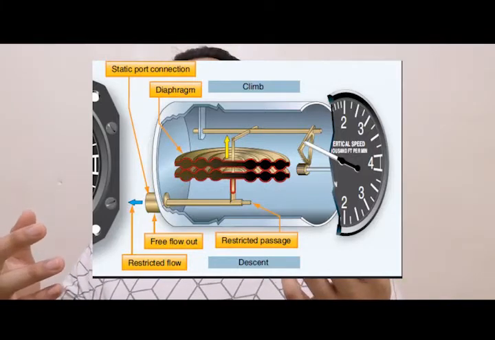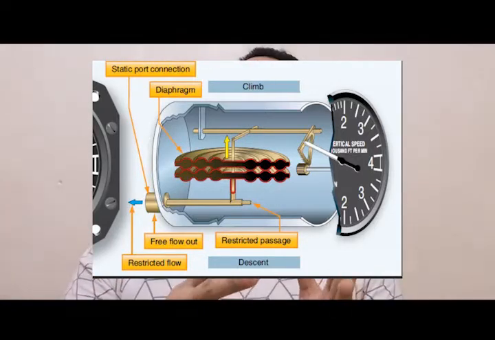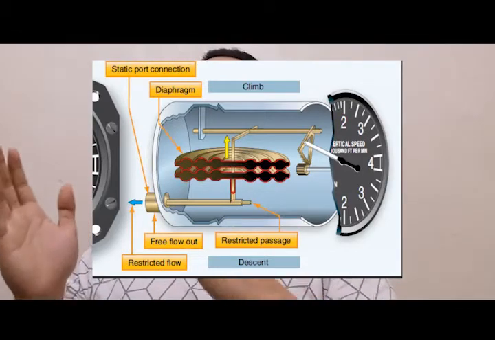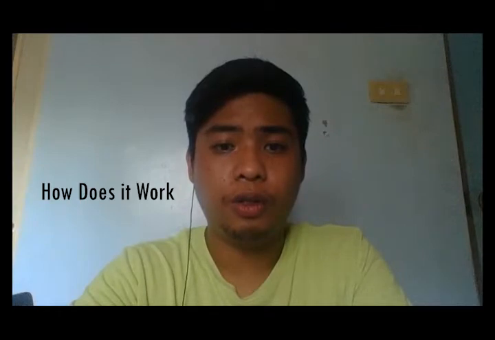So all in all, that is it: the static port, the tube going through to the altimeter, and inside the altimeter there is the aneroid connected to the gears and the pointer. Altimeters measure height above particular pressure levels. To do this, they compare the pressure of outside static air to the standard pressure of 29.92 inches of mercury at sea level, sensing the decreasing and increasing ambient pressures as the aircraft gains or loses altitude.